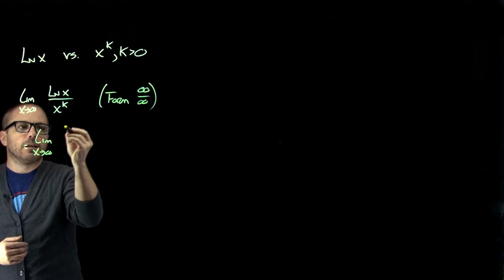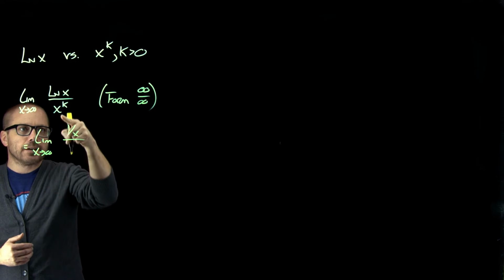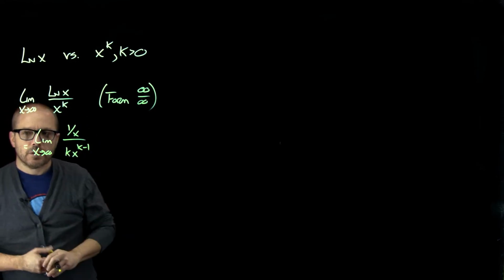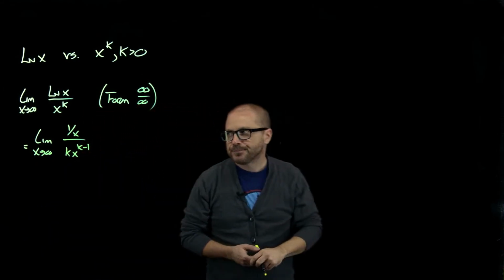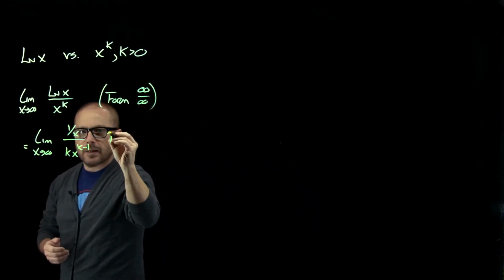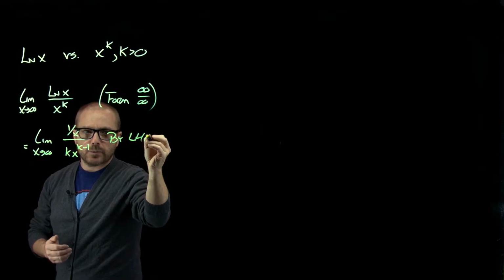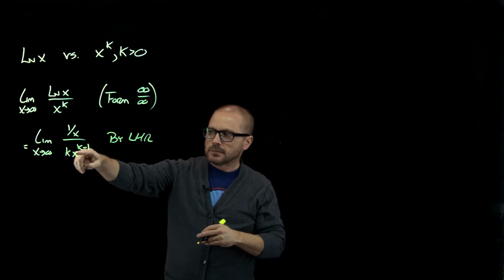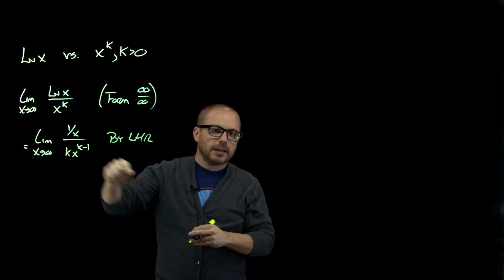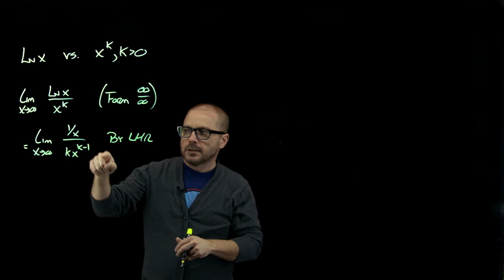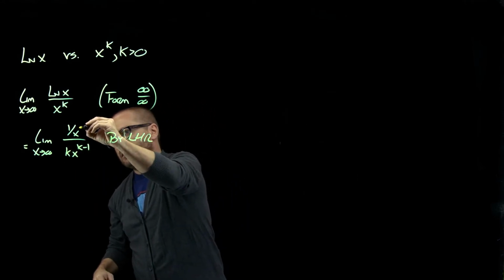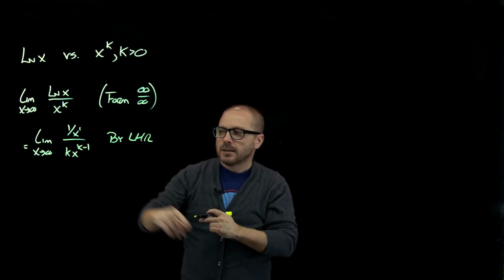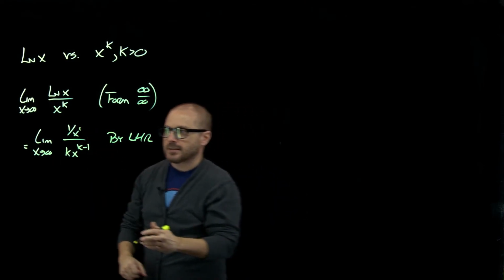And derivative of natural log, 1 over x. And this is just power rule, right? The exponent comes down. Lower that exponent by 1. So we have that by L'Hopital's rule. But now let's simplify that expression. That x is on the bottom with that k times x to the k minus 1. So when you combine x to the first and x to the k minus 1, k minus 1 plus 1, you're back to k, right?